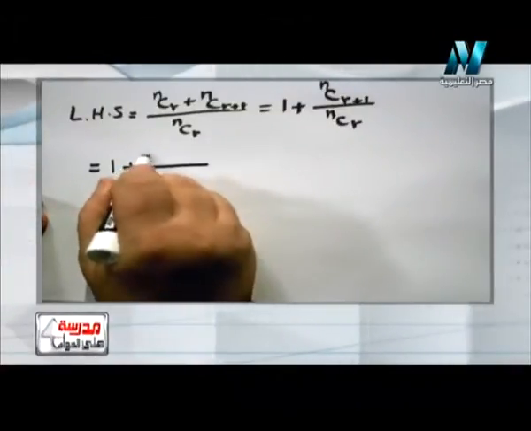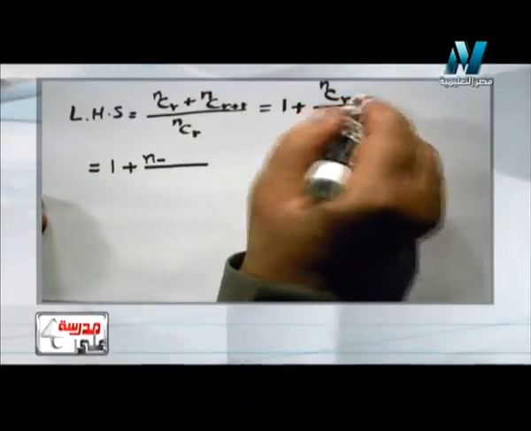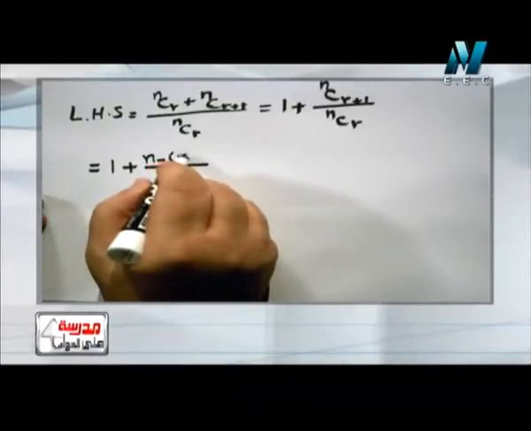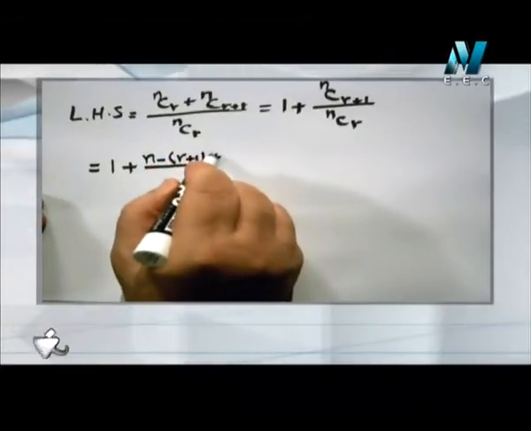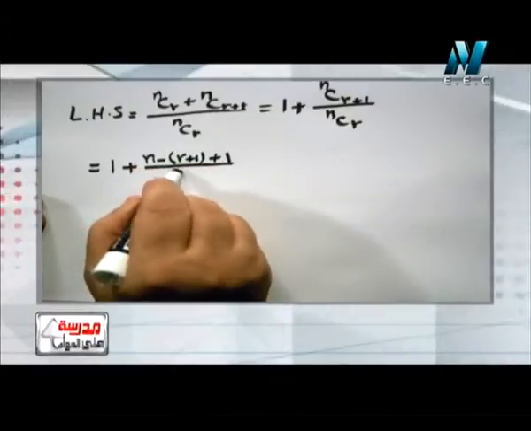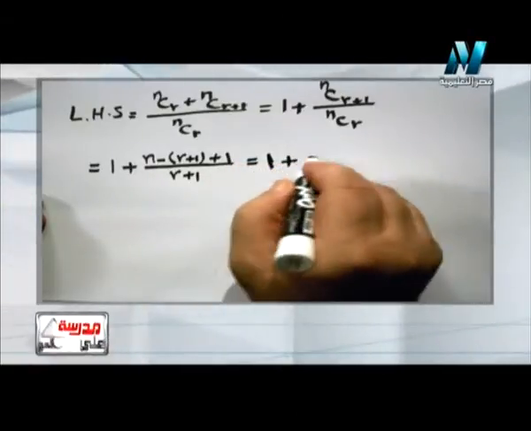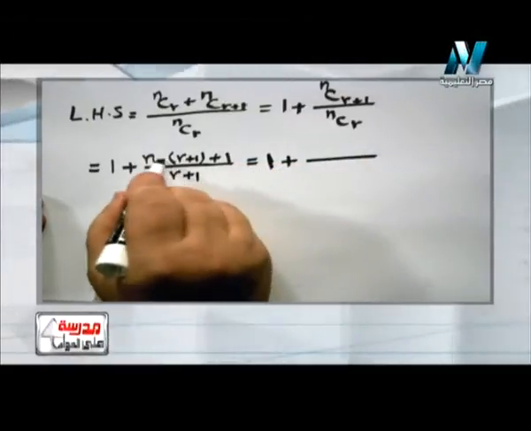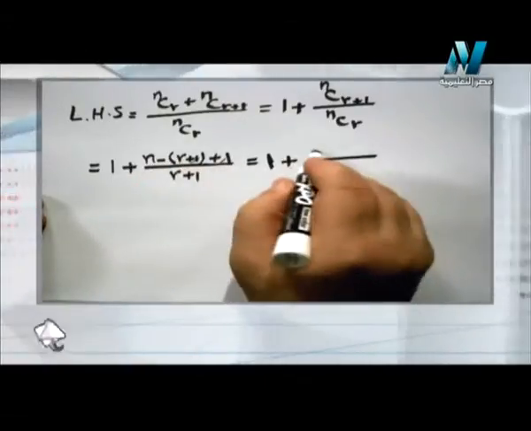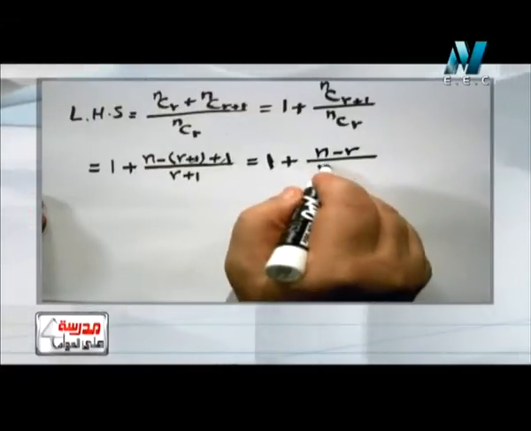Therefore, it is equal to (n minus r) over (r plus 1). This equals 1 plus (n minus r) over (r plus 1); negative r, negative 1 cancelled with positive 1. Therefore, it is (n minus r) over (r plus 1).